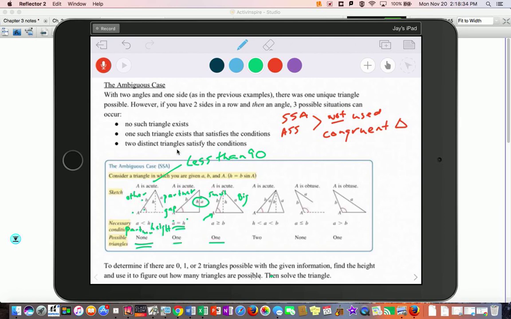And last, if you have an acute angle and it goes height, partner, other, then you have two triangles. And that is what we call the ambiguous case, and that's why you can't use it as a congruence rule. So it can happen that there are two triangles. Now the last couple rules right here, remember we're talking about obtuse, more than 90.